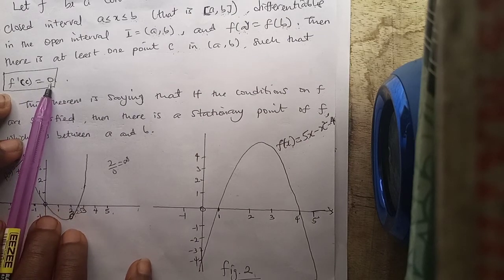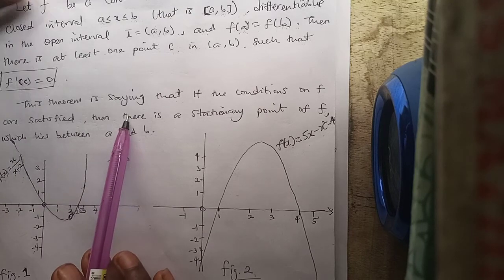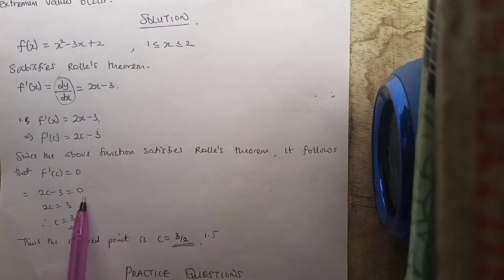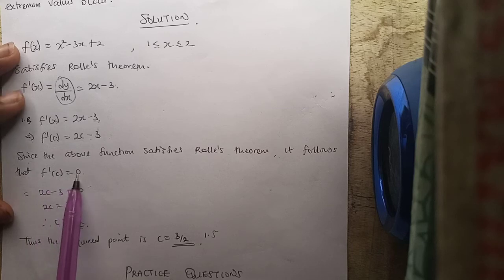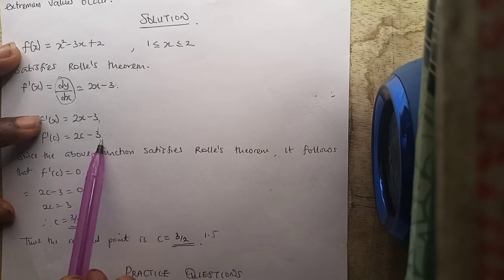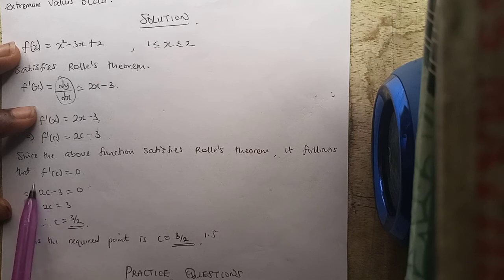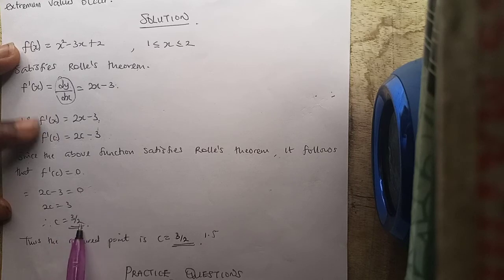So we are going to set f prime of c equal to 0, and our f prime of c is 2c minus 3. Then 2c minus 3 equals 0, 2c equals 3, and therefore c equals 3 over 2.